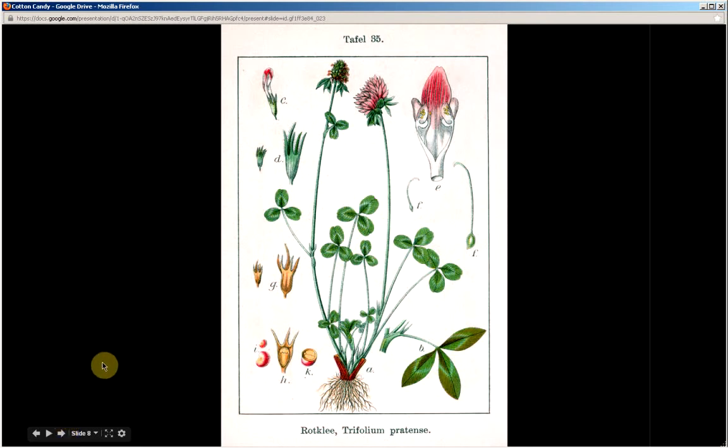Now, the flower heads can be between 1/2 to 1.5 inches in length and about 1 inch wide. The flowers have a mild honey-like fragrance.